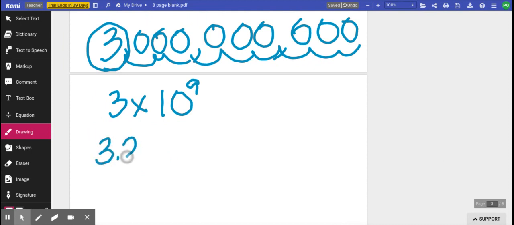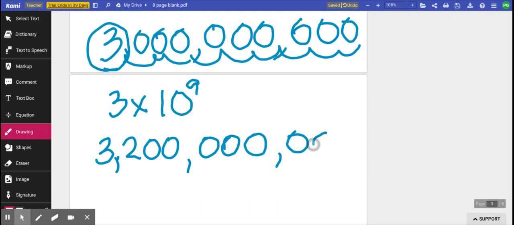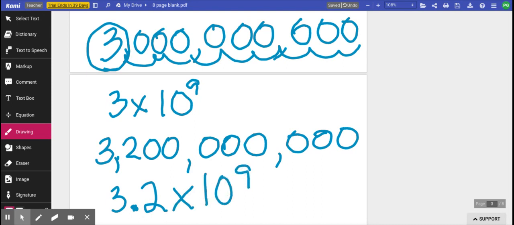What if it's 3.2 billion? Well, that number in standard form looks like this. Okay, so instead of just writing 3 times 10 to the 9th, we can write 3.2 times 10 to the 9th.